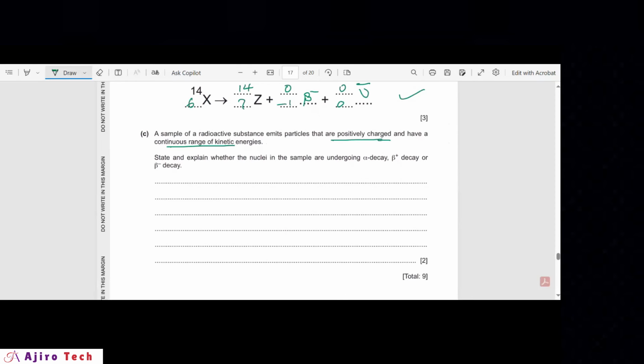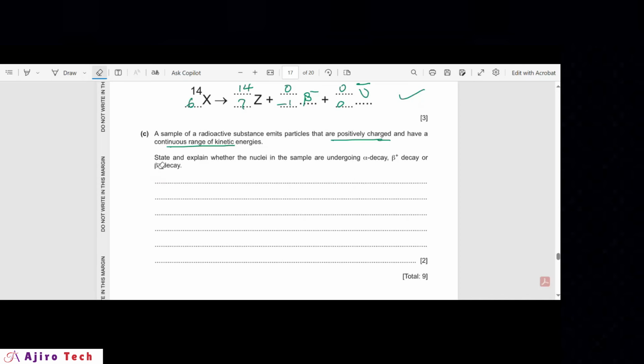State and explain whether the particle is an alpha particle, beta plus called positron, or beta minus. Beta plus is a positron, and its decay leads to electron neutrino. Beta minus is an electron, and its decay leads to electron antineutrino. The one with the bar is anti, and the one without a bar is neutrino.